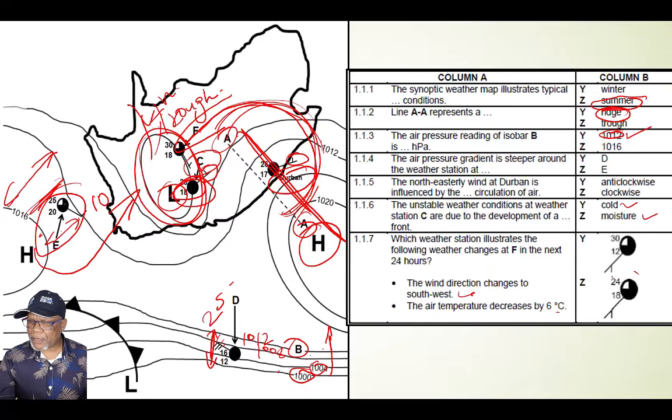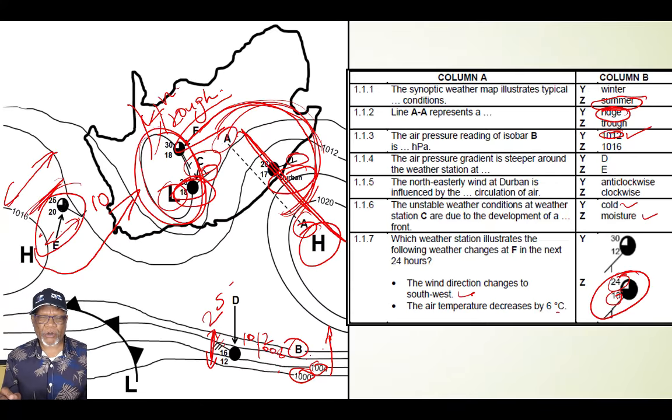So this is the station model that shows these characteristics, where you have the difference between the dew point temperature, which is at the bottom. This temperature is called dew point temperature, or minimum temperature, and this one is called maximum temperature or air temperature. So this is where you have the difference.